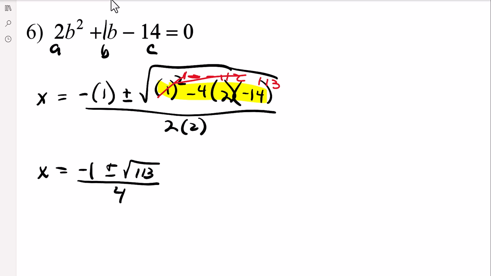But I'm going to take 113. Okay, I'm going to divide it by 7, by 13. I'm going to see if there's another prime number that might go into it.